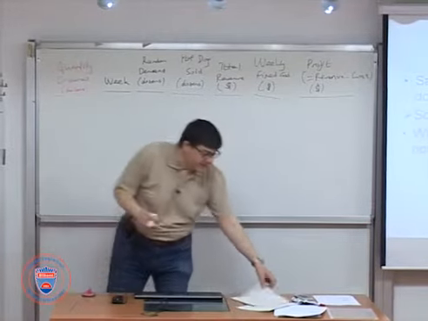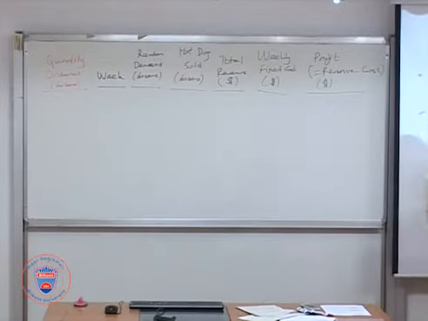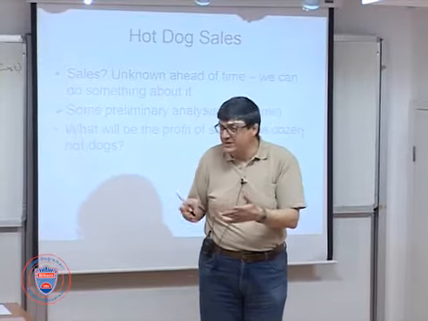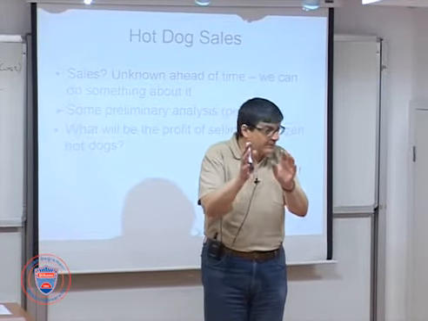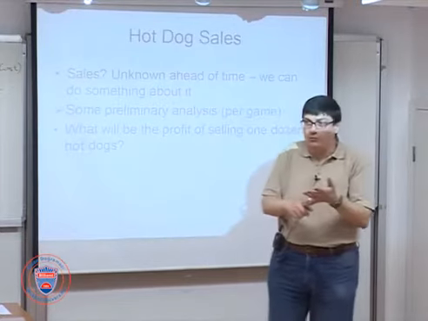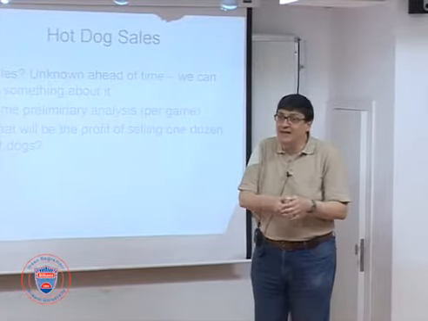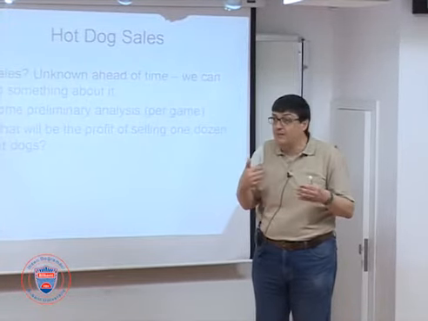Now, note that once you decide on the number of dozens of hot dogs and buns to prepare for the game, you are spending some money because you have to buy them, okay? So you are spending that money, and you won't be able to get that money back.